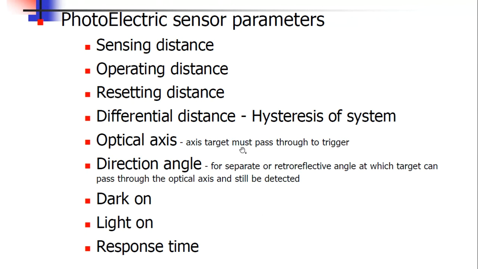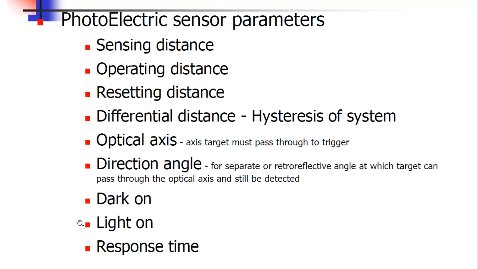They also use something called dark on or light on. This is actually what I discussed earlier about normally open and normally closed, but since we're talking about light, they use the terms dark on or light on. So if it gets dark, it's going to send out a 1, meaning something broke the beam or it's not seeing the reflection.